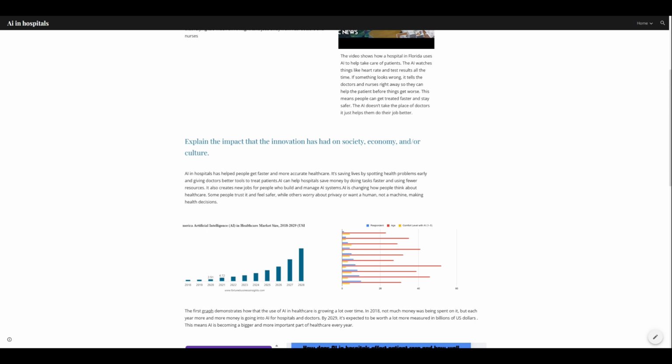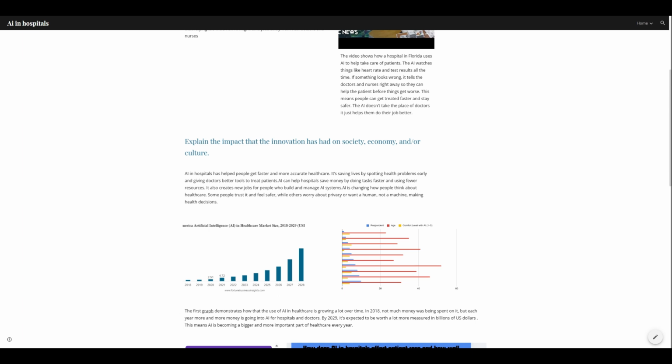Now I want to explain the impact and innovation this has had on society. AI in hospitals has helped people get faster and more accurate healthcare, and it's honestly been saving lives by spotting different issues that people may have, and it's helping doctors get tasks done really fast.